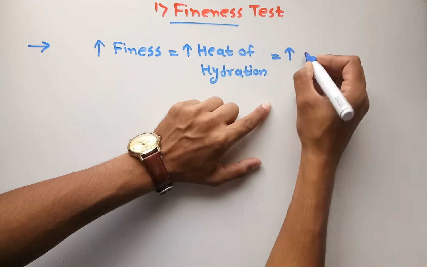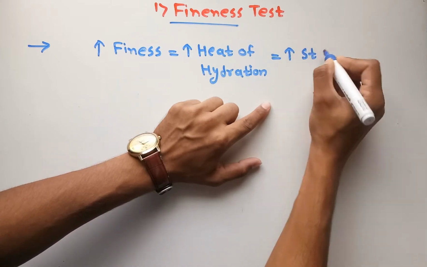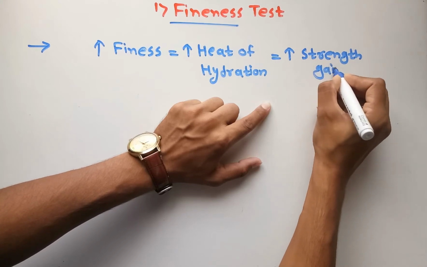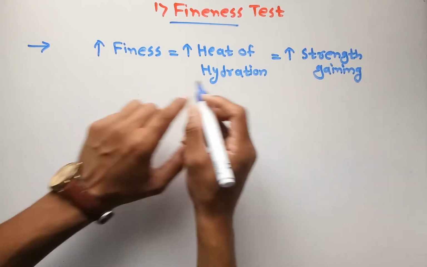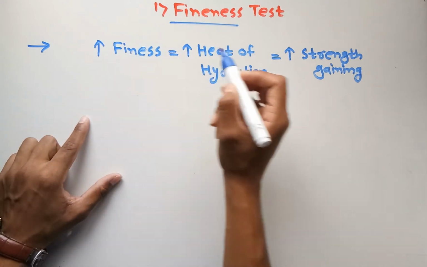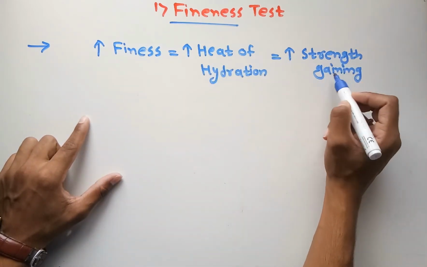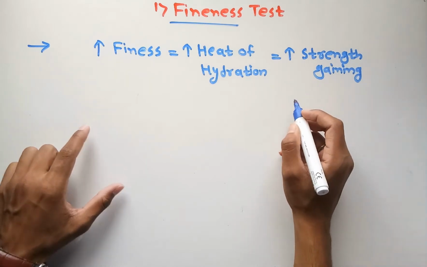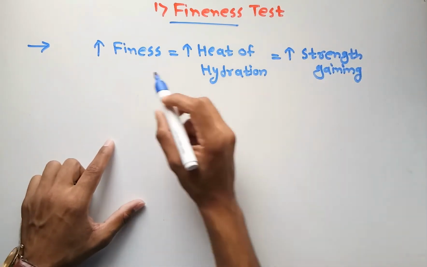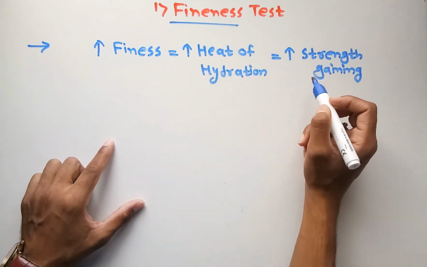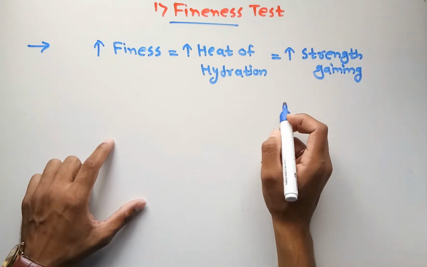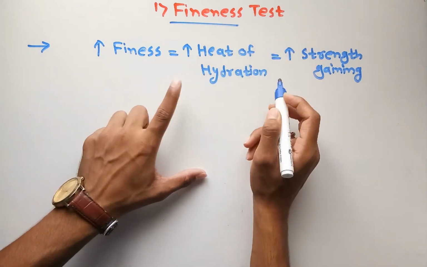So whether the cement is finely ground or coarsely ground, it is directly responsible for the strength gaining factor of the cement. To achieve early strength, later strength or intermediate strength, the fineness should be kept in such a way that it produces the required amount of strength gain. So for that purpose the fineness test is important.